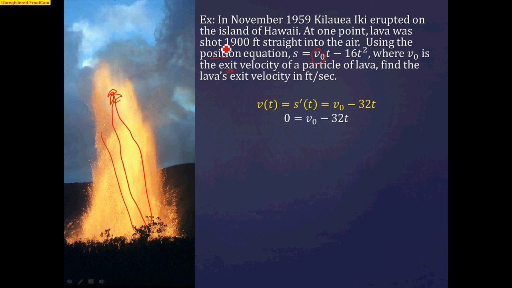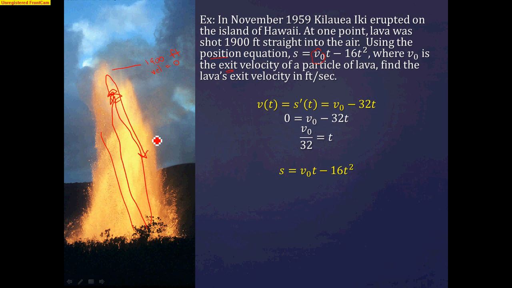So I do know the height of this is 1900, but that's feet, that's not a velocity issue, right? Well, if I say velocity is 0 at this height, because the lava is going to go up and then come back down, I can at least solve this equation for t. Still got that initial velocity in it.